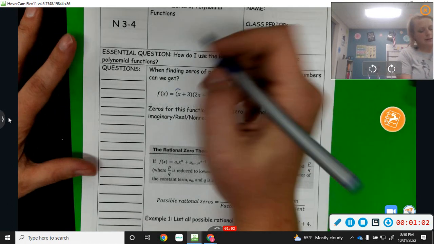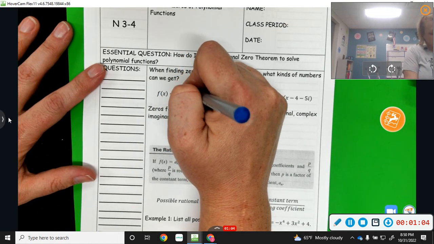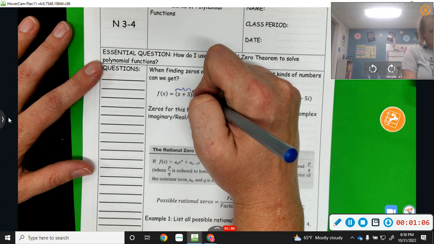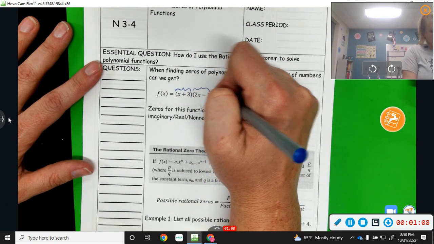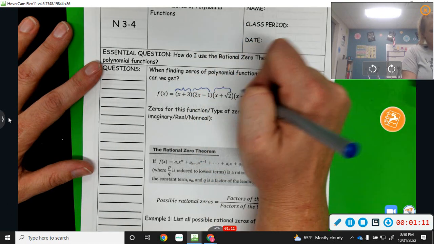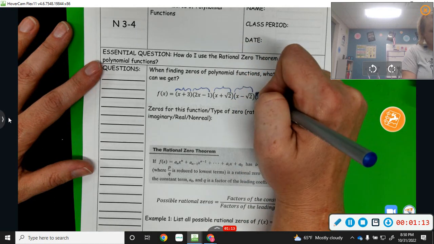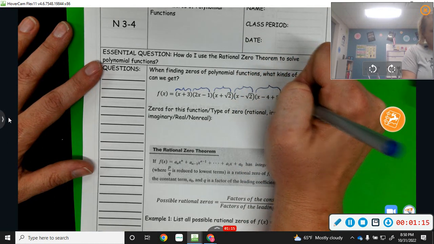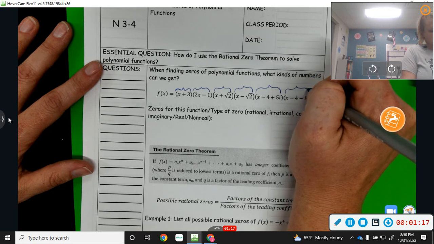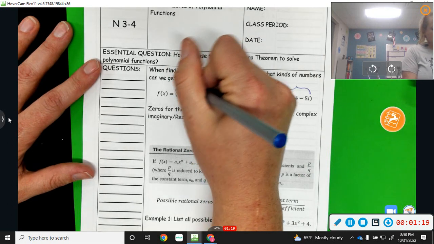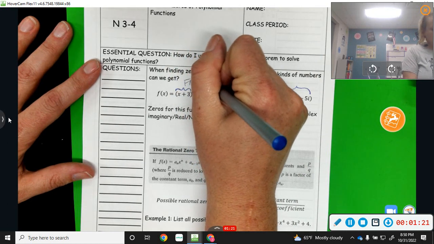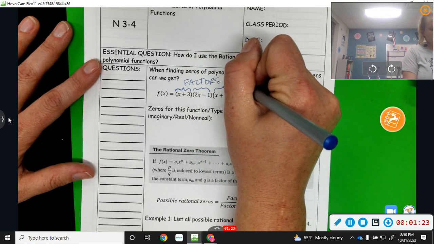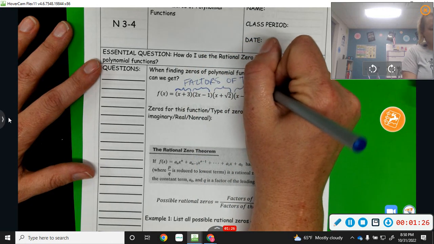Okay, so each one of these, the question is, when finding zeros of polynomial functions, what kinds of numbers can we get? So if we look at this, each one of these is called a factor. And we solve factors by setting them equal to 0. So each of these is called a factor of the polynomial.